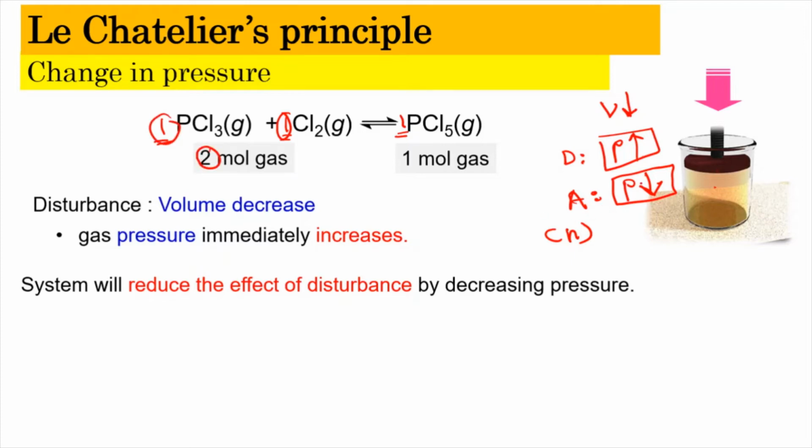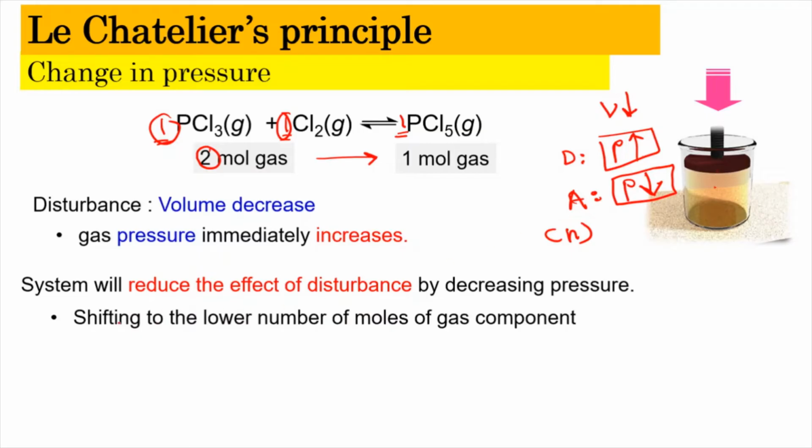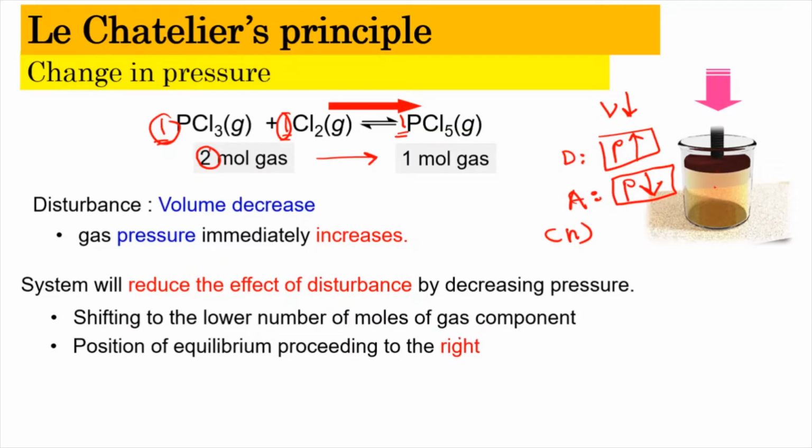So in order to reduce the pressure, we need to shift the equilibrium to the position where the number of moles is lesser, so that the pressure gets lower. Okay, so we need to shift to the lower number of moles of gas component, and therefore the position of equilibrium will proceed to the right. Okay, so when there is a lesser number of moles, the pressure gets lower, which is what we wanted.